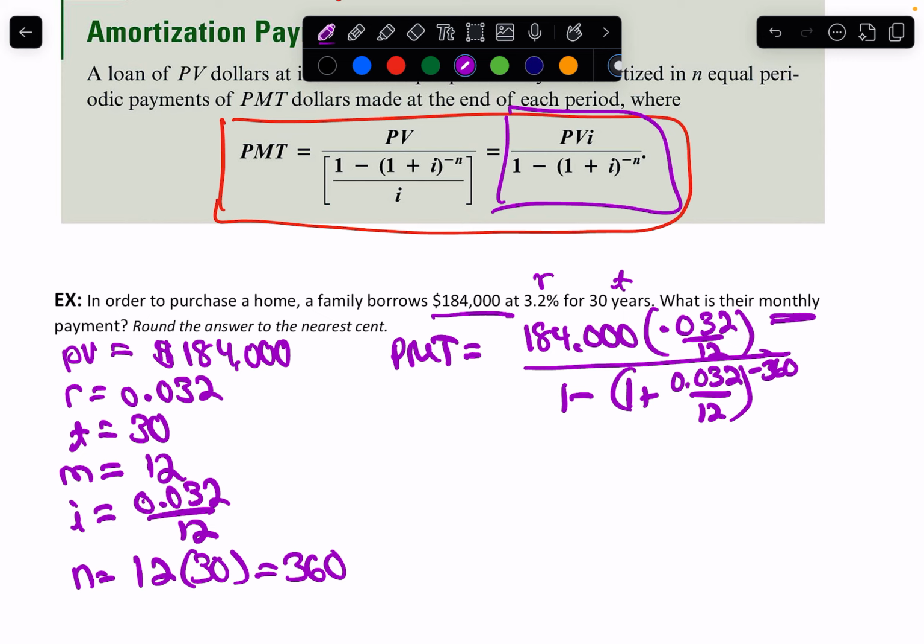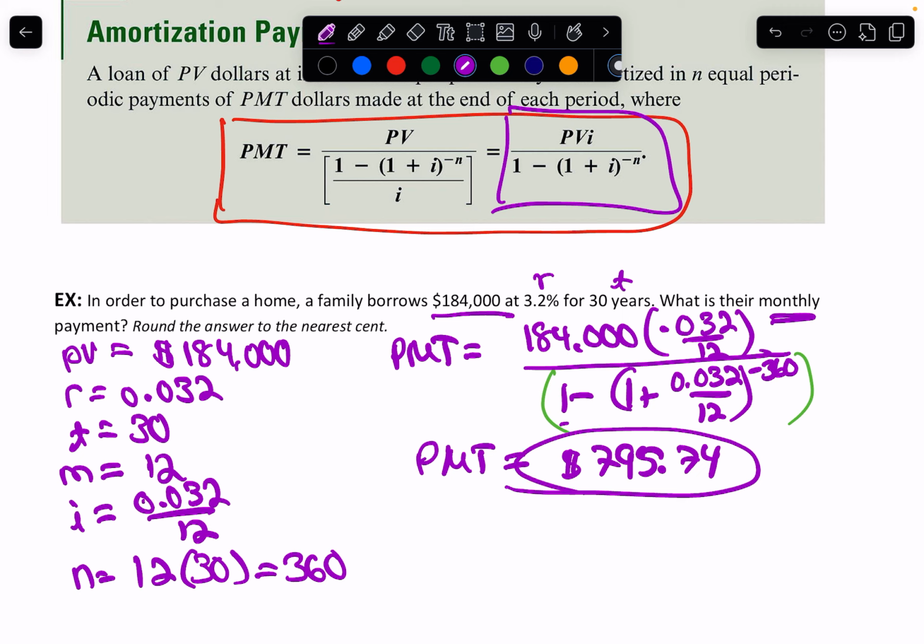Now, when you are doing the calculations on a calculator, make sure that this is all inside parentheses as well. Otherwise, the calculator is going to think that you're only dividing by 1 and then subtracting the whole thing from it. So your answer will not be correct. So your PMT is going to be $795.74. So that is your payment.